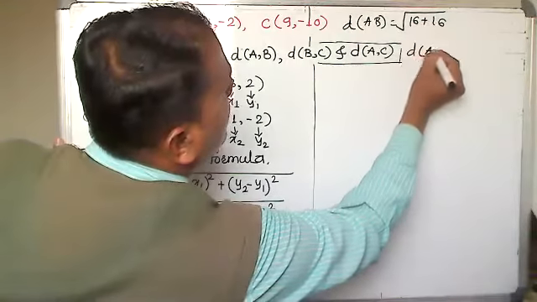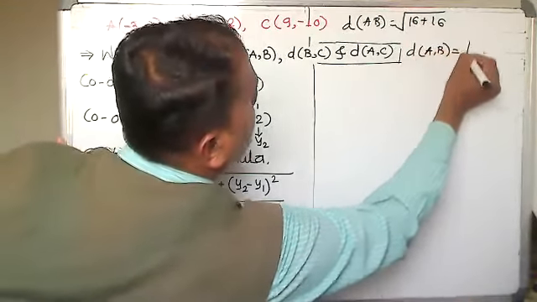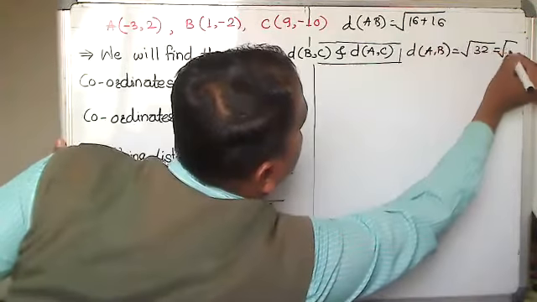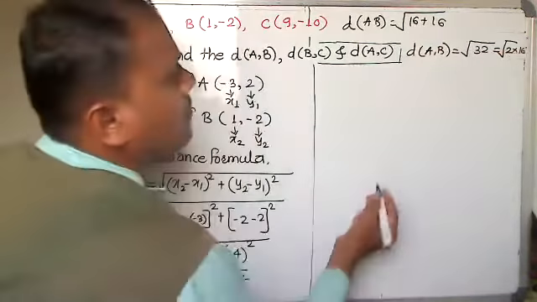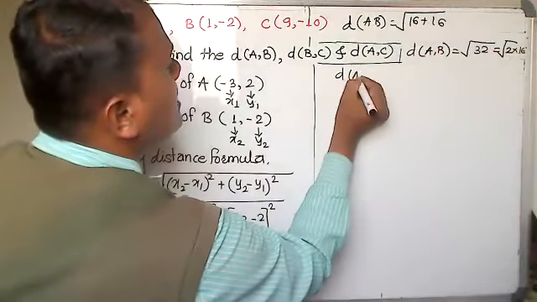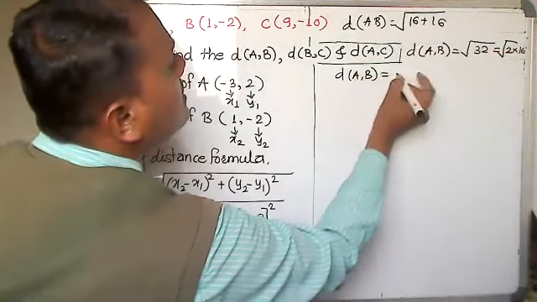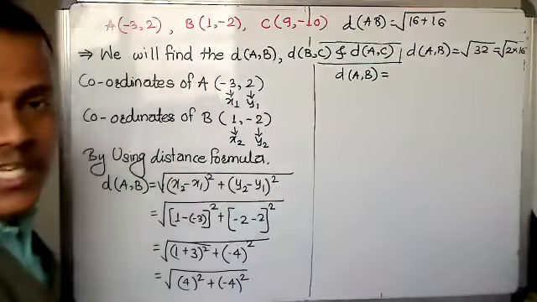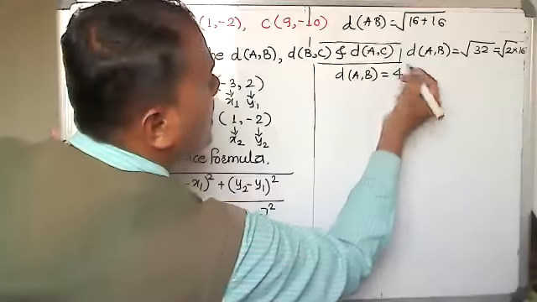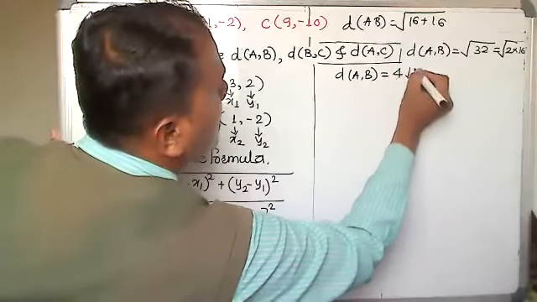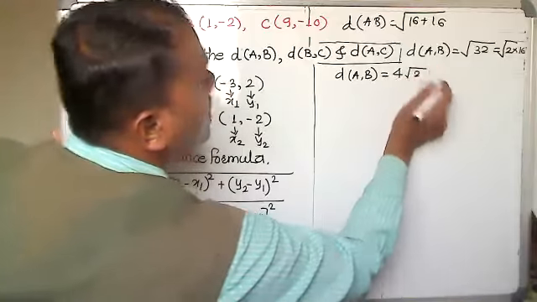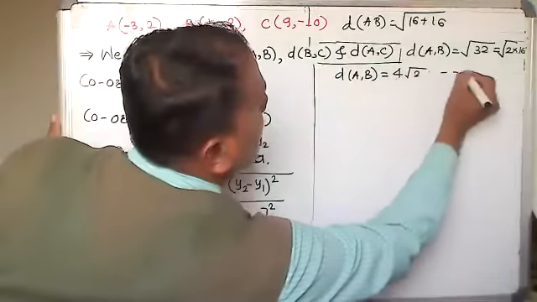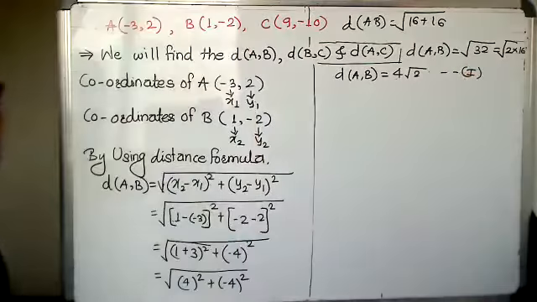So distance AB is equal to under root 32, which can be written as 2 into 16. I can take the square root of 16 as 4 outside the root sign. So it is 4 under root 2. It is the distance AB. I can name this as equation number 1.